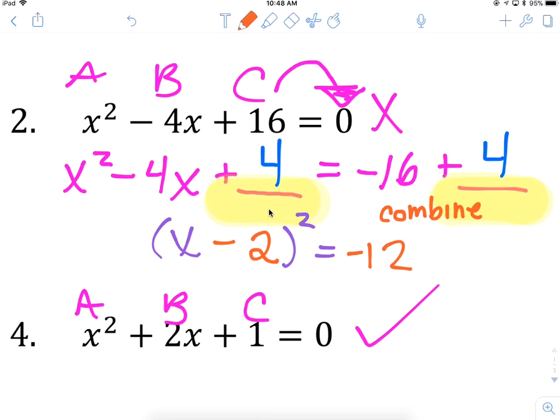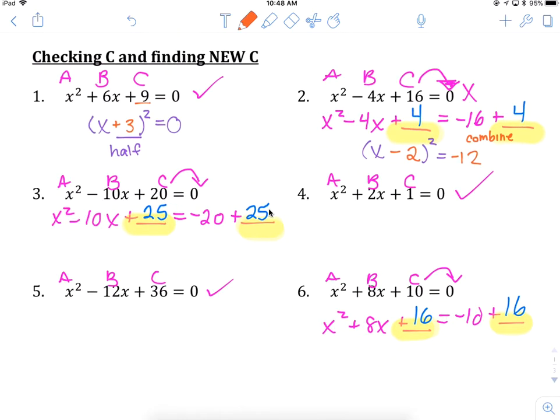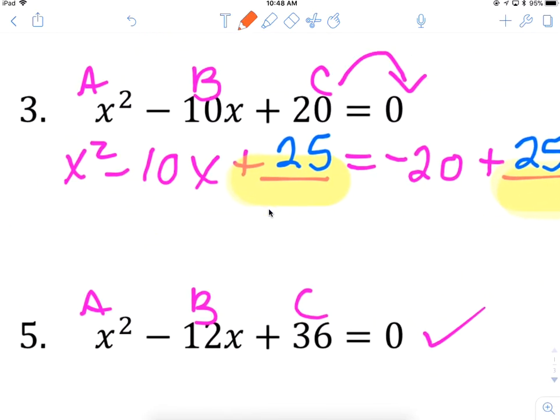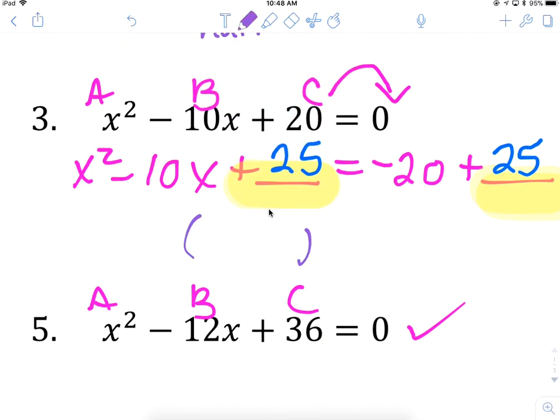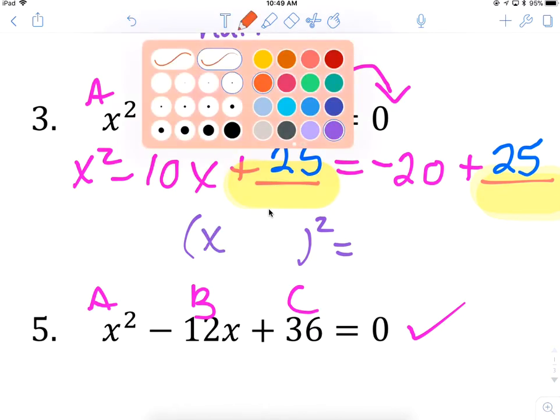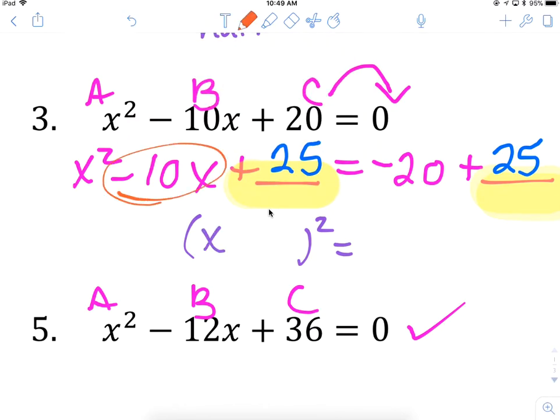Parentheses x minus 2, parentheses squared, equals a negative 12. Okay. Let's try number 3. Number 3, again, my goal is to make a perfect square. So parentheses squared equals, keeping my x, we're going to ask ourselves, what was half of that b number? Half of it was a negative 5. And when I combine over here, I get a positive 5. That's my answer right now.